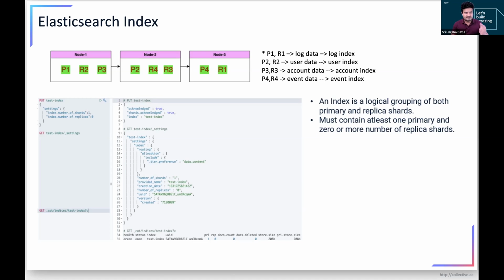For example, if P1 and R1 are shards, and as a user of the system I'm going to store log data in it, I would create a log index. If P4 and R4 are the data of an event, I would create an event index. So the grouping that you do is nothing but an Elasticsearch index.